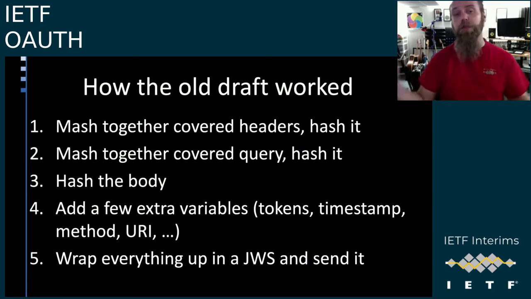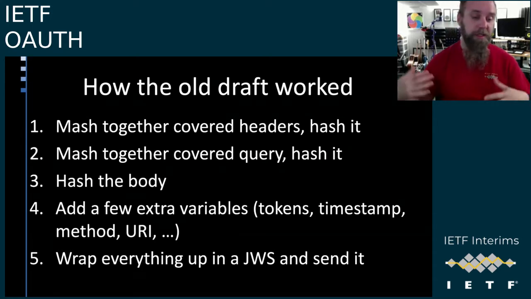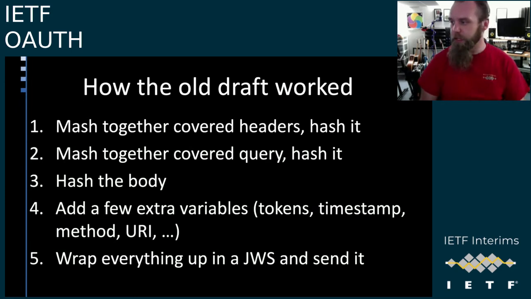It's extremely drafty and hand wavy, but you wrap everything up into a JWS and then you send that. So it is a detached HTTP signature, but the signature itself is wrapped entirely in a JOSE JWS object with all of the bits replicated and stuffed inside of the JWS object.